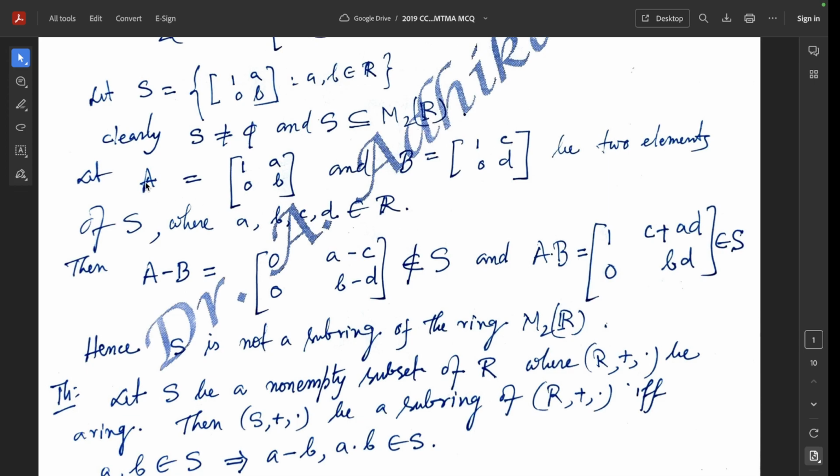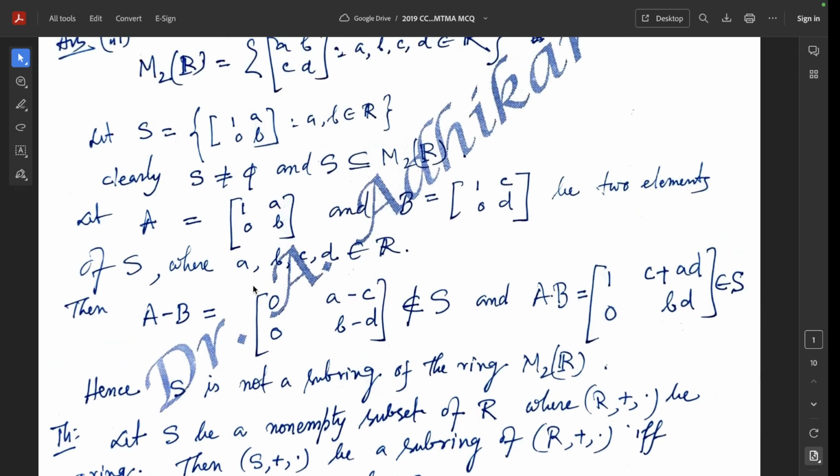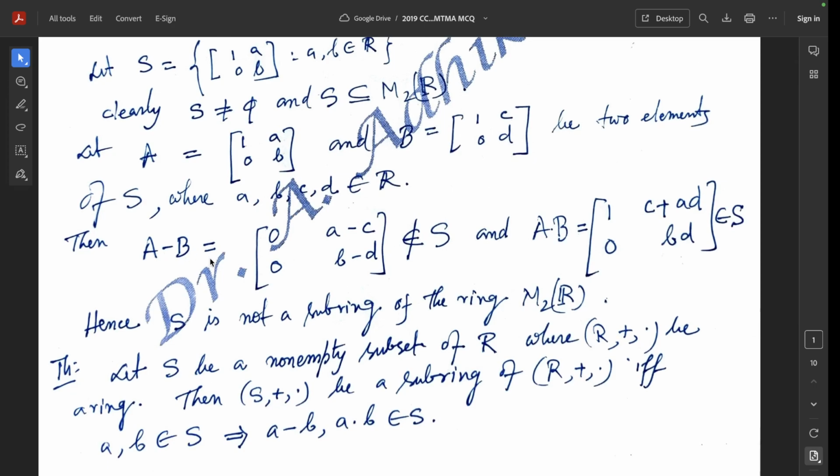Let capital A, the 2 by 2 matrix [1 a; 0 b], and capital B, the matrix [1 c; 0 d], be two elements of the set S, where a, b, c, d belong to the set of real numbers R. Then A minus B equals [0 a−c; 0 b−d].